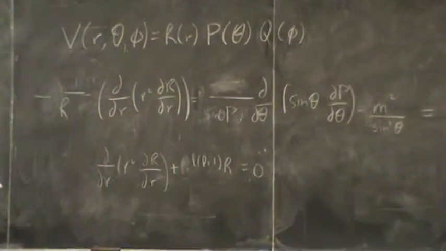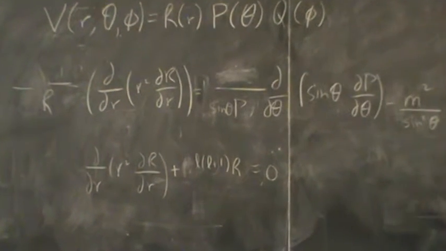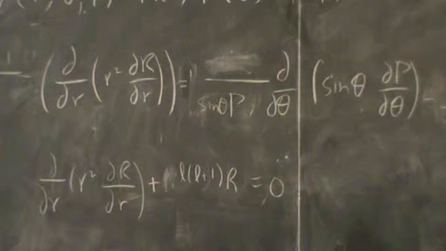That's my radial equation. My angular equation we'll come back to later. That's the complicated one.